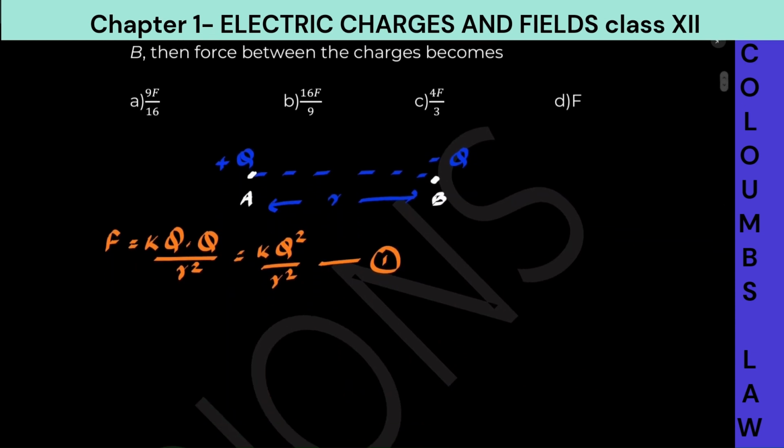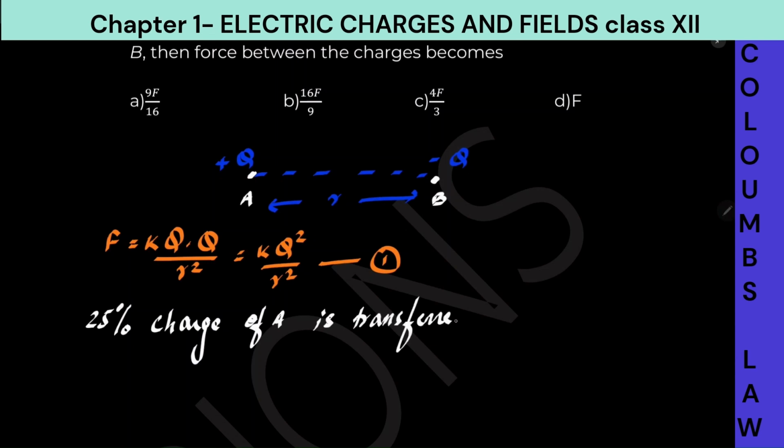Now 25% of charge of A is transferred to B. Then what will be the charge left in A? Obviously 75%, because the total is 100 always, right?